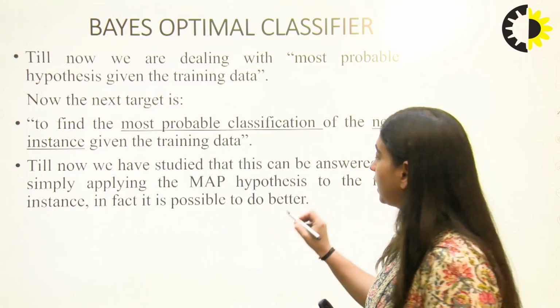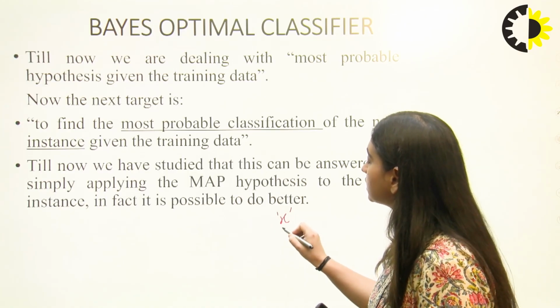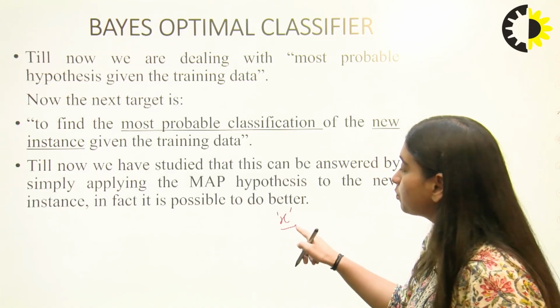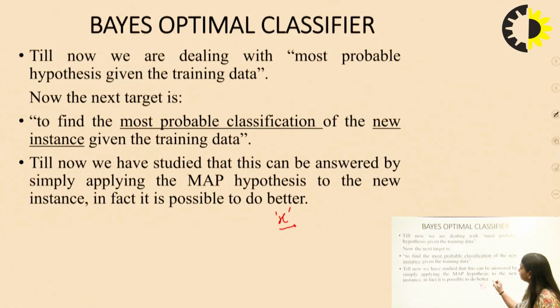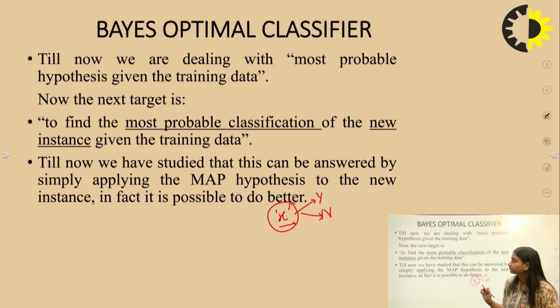If I have a new instance denoted as X, I am interested in finding the most probable classification of it. Let's say I have two categories, yes and no. So I am interested in finding whether this instance belongs to the yes category or the no category.